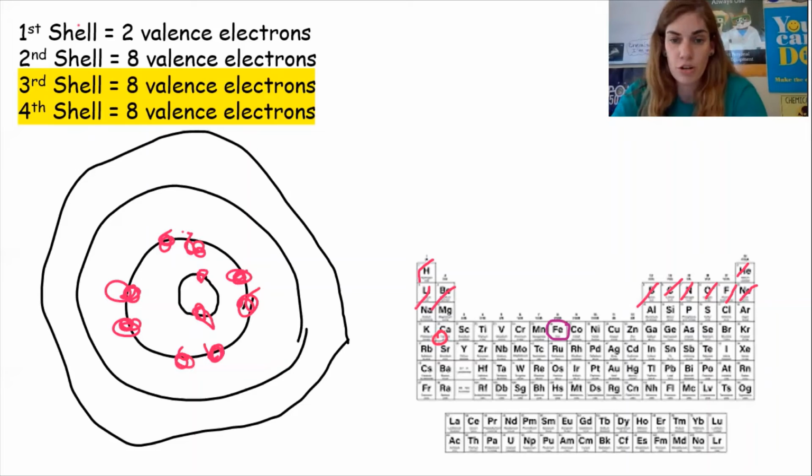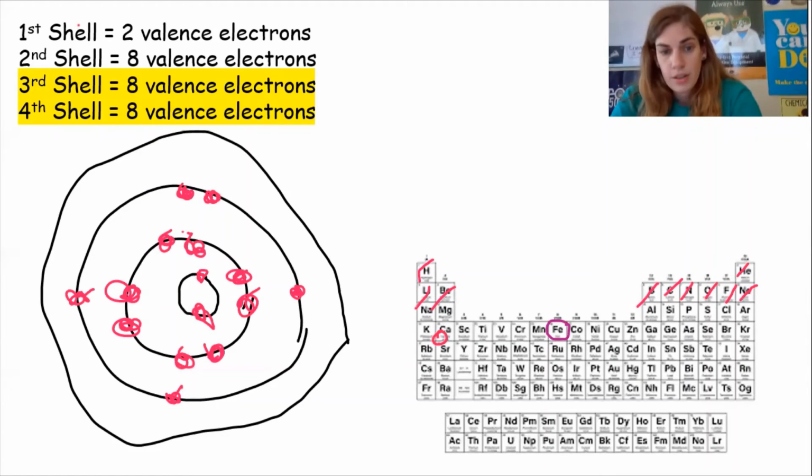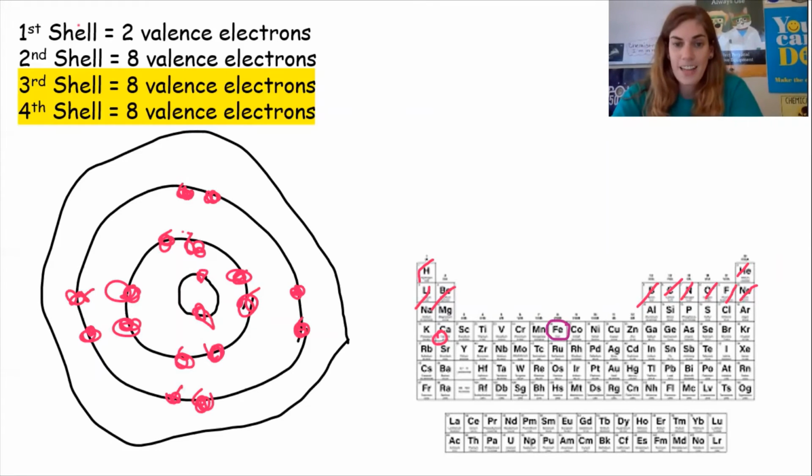I'm going to move on to the third shell, which is the third row. I'm going to start filling this in. I have 1, 2, 3, 4, I'm going to go back, double up, 5, 6, 7, 8. And again, that covers the third row, 1, 2, 3, 4, 5, 6, 7, 8.